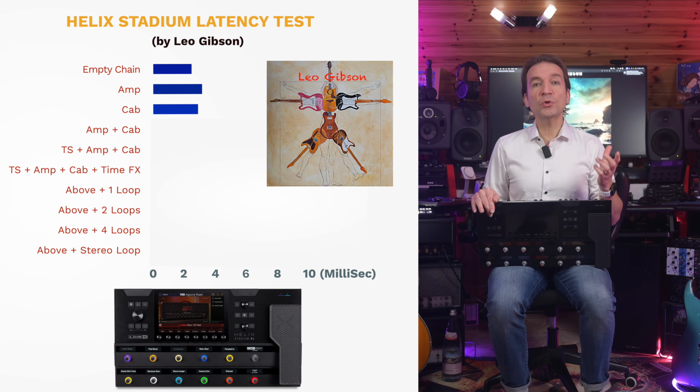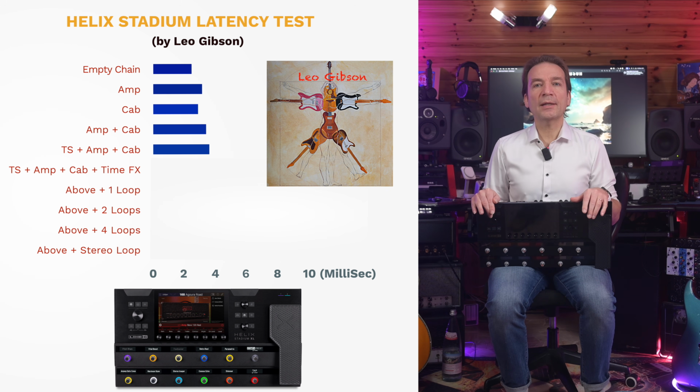If we then use both the amp and the cab, the latency increases to 3 milliseconds. If we then add a tube screamer, the latency increases a tiny bit to 3.1 milliseconds. On the other hand, adding a delay or a reverb, or both together, the latency does not change. And this is of course good news.